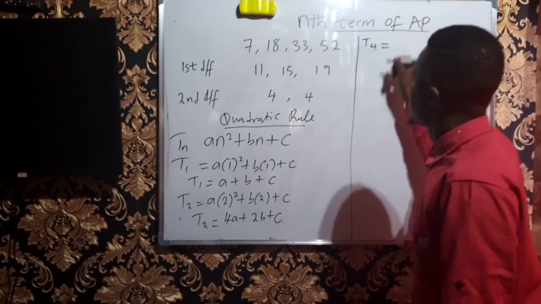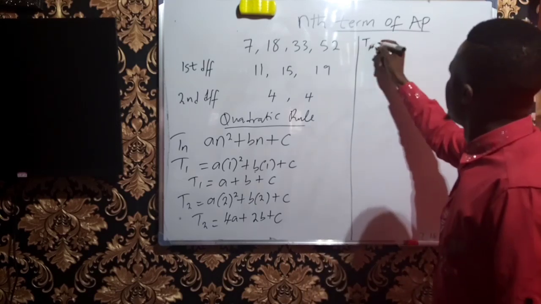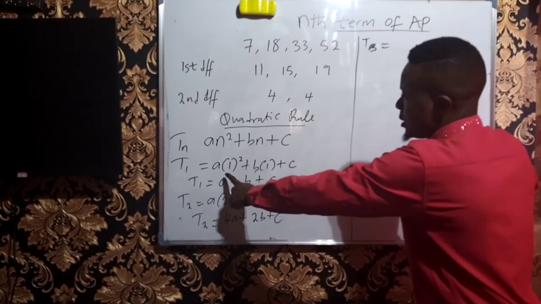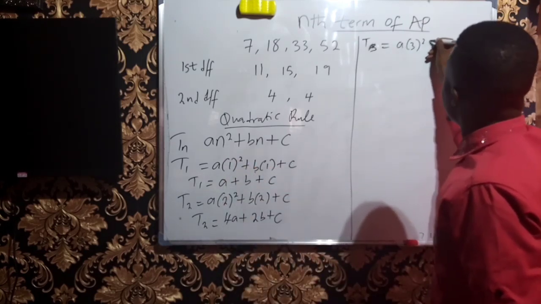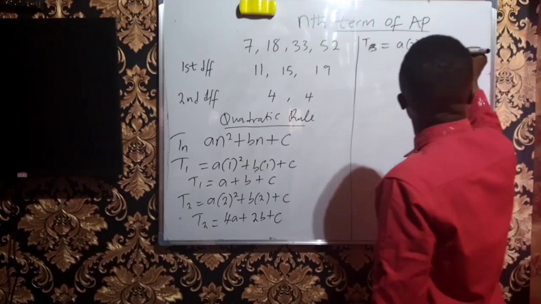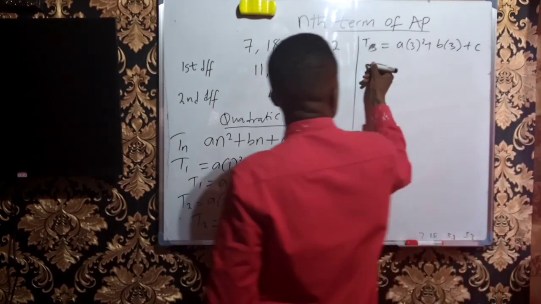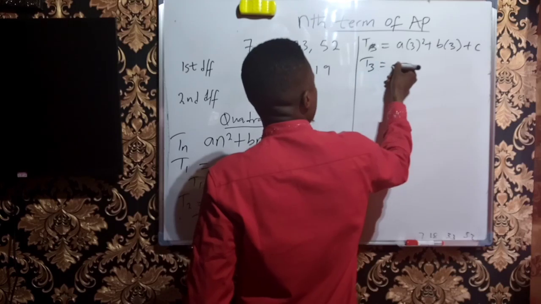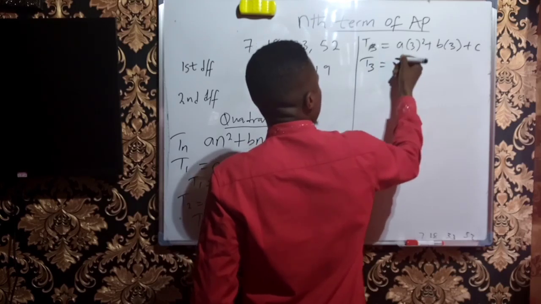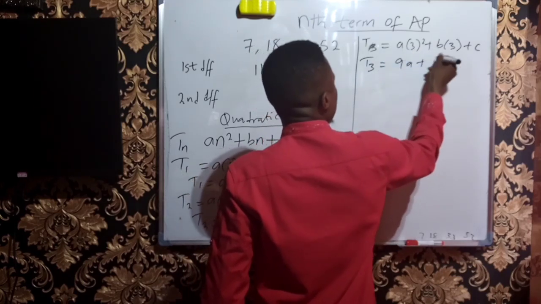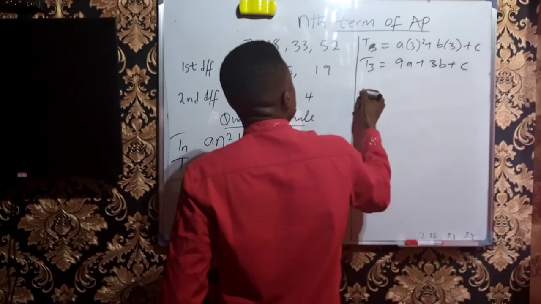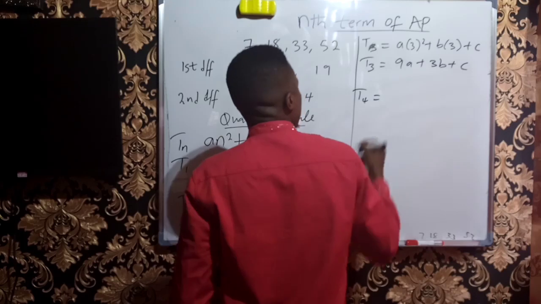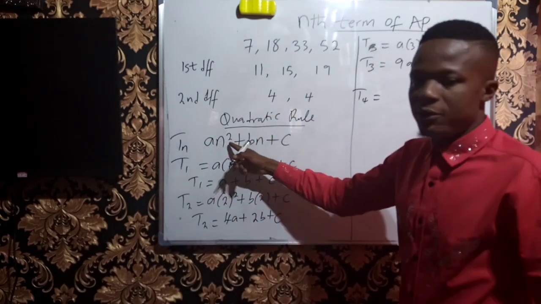t3, let me continue. You can go as much as you want, but I will stop at t4. t3 means putting 3 in the same formula. I'll have a into 3 squared plus b into 3 plus c. So t3 will now be 3 squared is 9, 9 times a is 9a, 3 times b is 3b, then plus c. If you like, go one more, t4, I'm putting 4 in the formula.